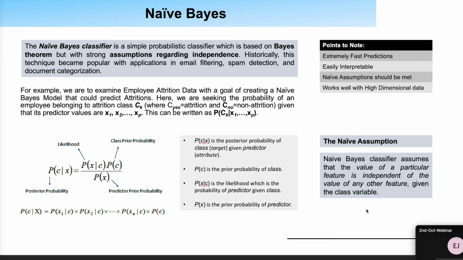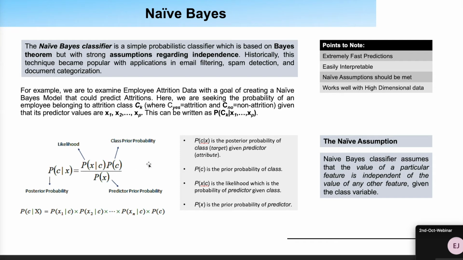Not an x7 derived from x8, or any inadvertent relationship between x3 and x5, etc. So the assumption is that all features are independent. There is no relationship existing between the variables, and they are completely independent of each other, right? None of the features are influencing any other feature.